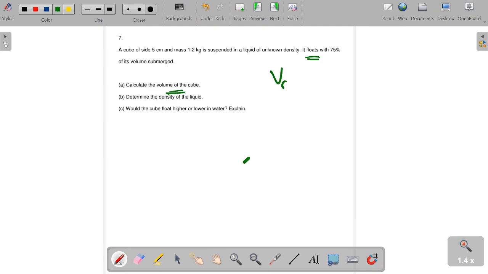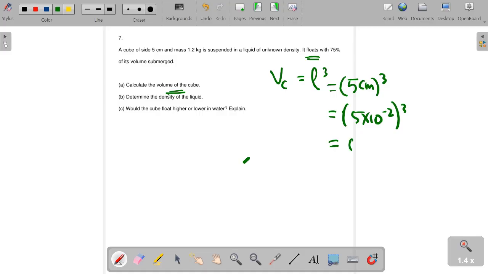The volume of the cube will be the side raised to the power 3. So that will be equal to 5 centimeters to the power 3, or 5 times 10 to the power negative 2 meters, all raised to the power 3.